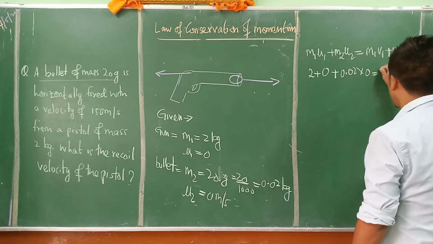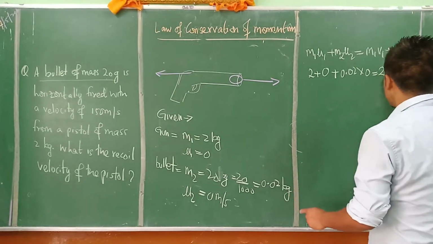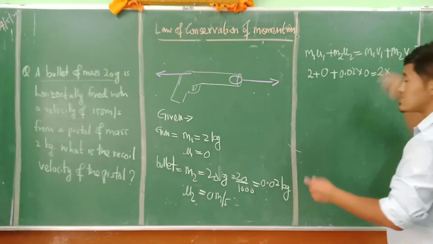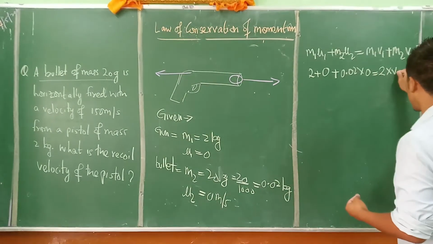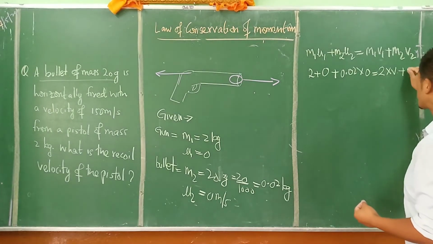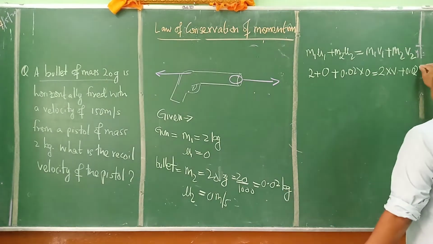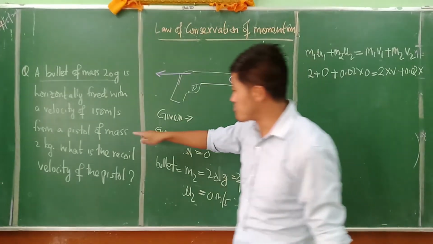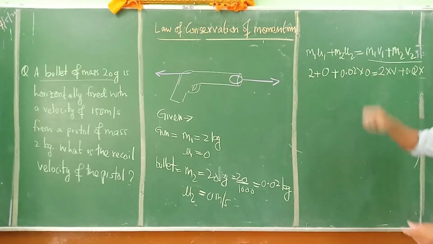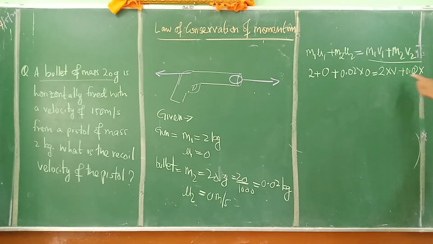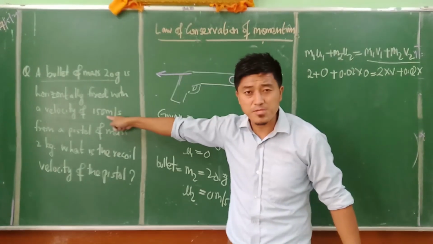That is equal to m1, 2 kg, into v1, the velocity with which the pistol is pushed backwards, plus m2, 0.02, into the velocity of the bullet when it is fired, which is 150 meters per second.